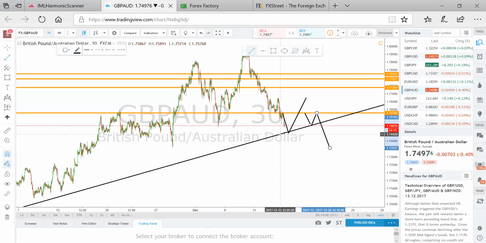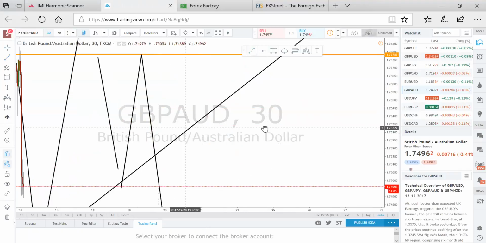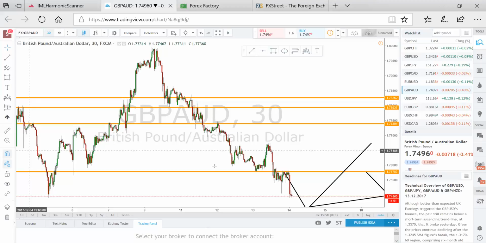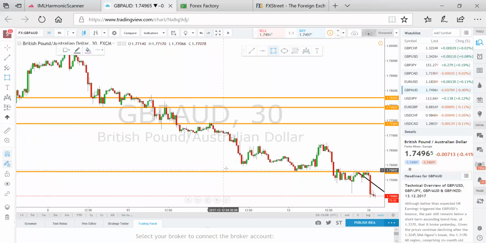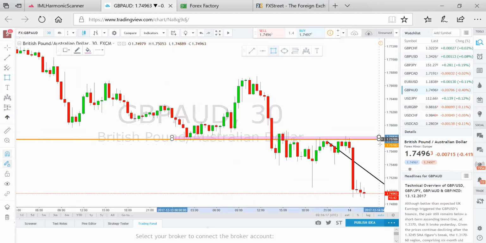So what you could always do is this. You see that thing called price reversal zone? You take your little rectangle and draw a zone.